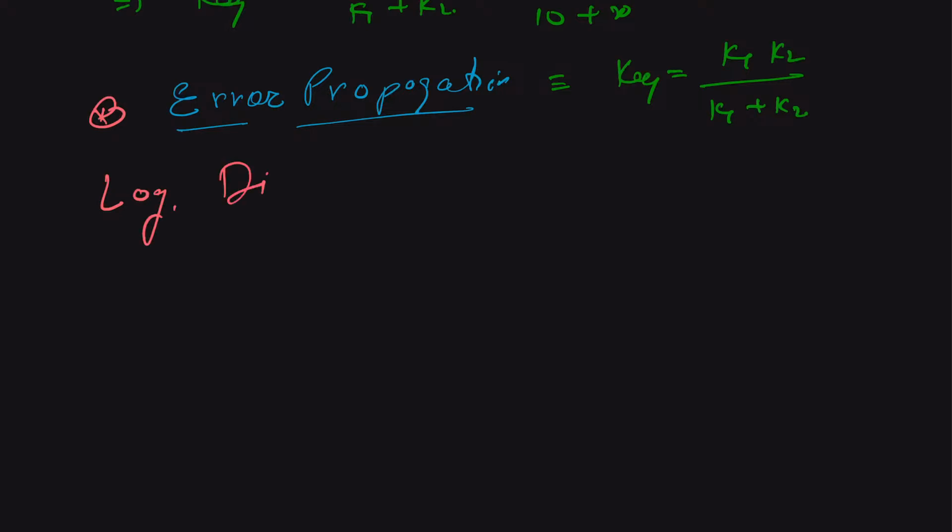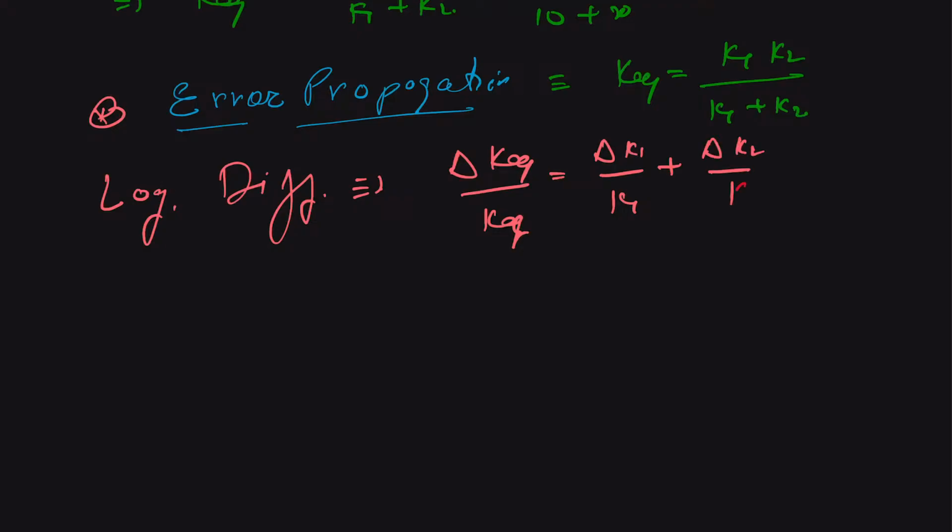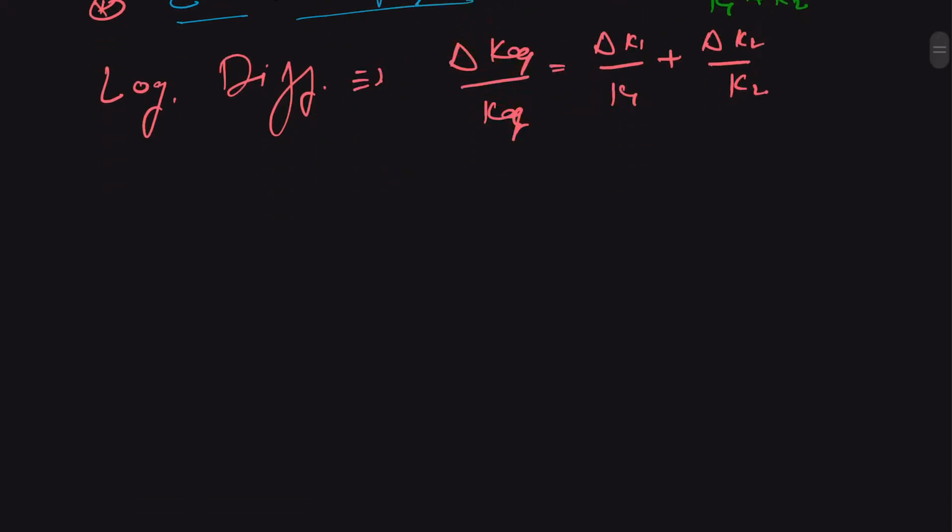That gives us that delta K equivalent upon K equivalent is equal to delta K1 upon K1 plus delta K2 upon K2. On the right side we can simplify a little bit.